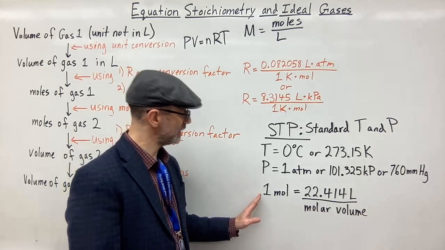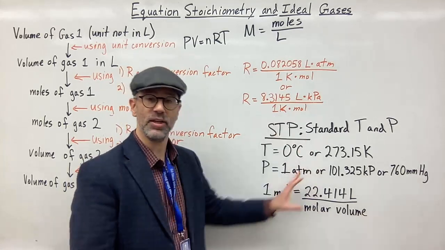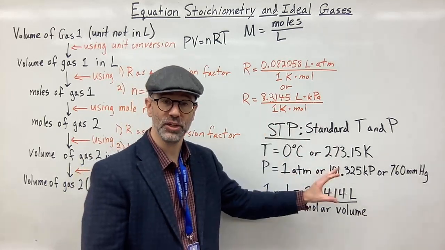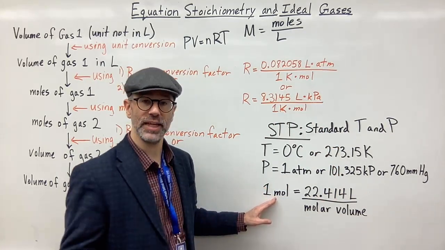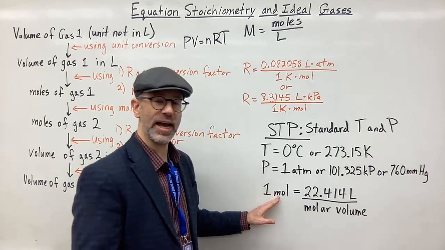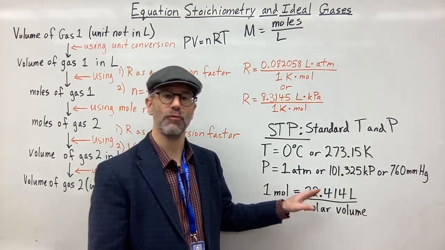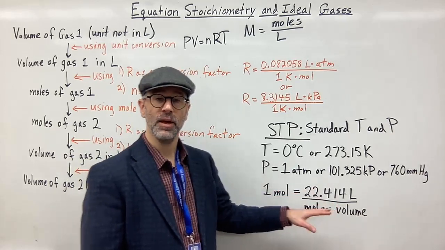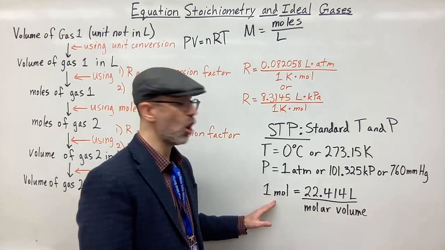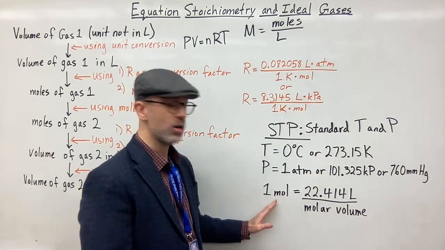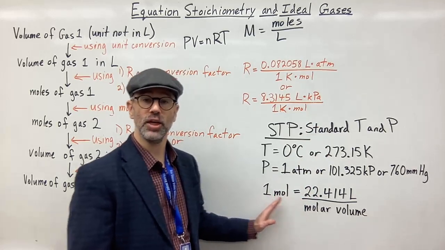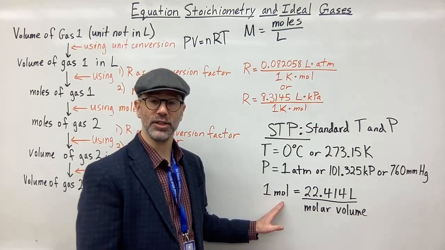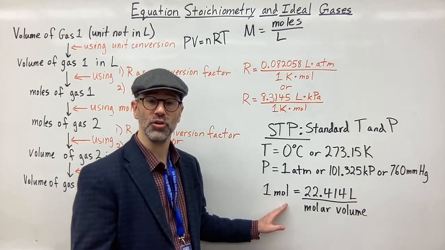And what that is, is that under these conditions and only under these conditions, 1 mole of any gas, doesn't matter what the gas is, is going to be equal to 22.414 liters. Okay, so if you know that under these conditions, 1 mole of a gas is equal to 22.414 liters, you can use this as a conversion factor to convert between liters and moles.